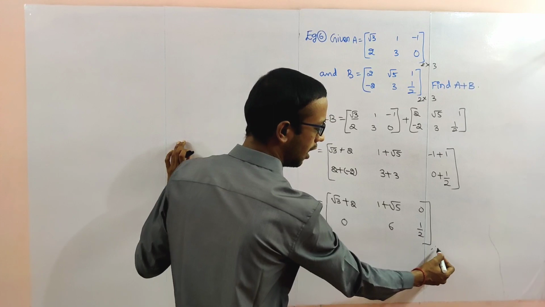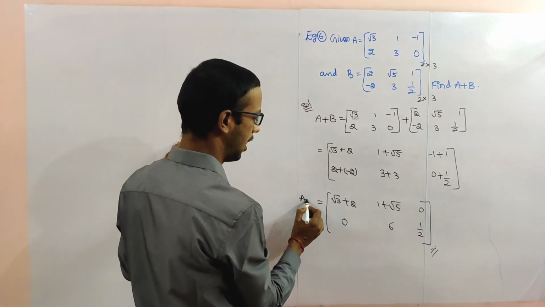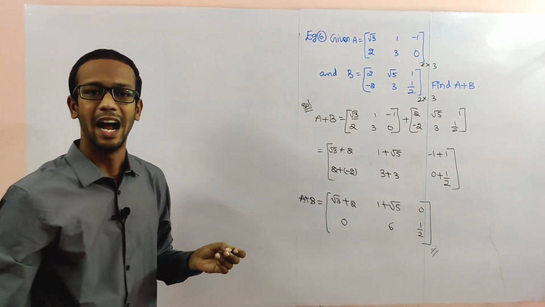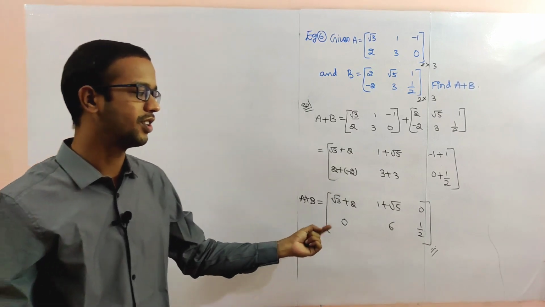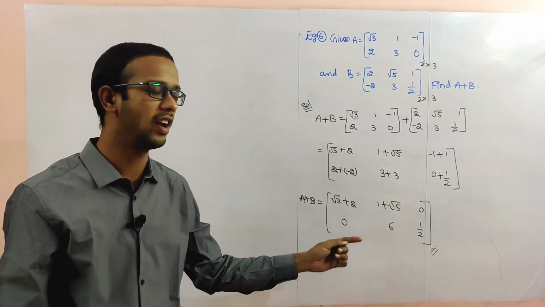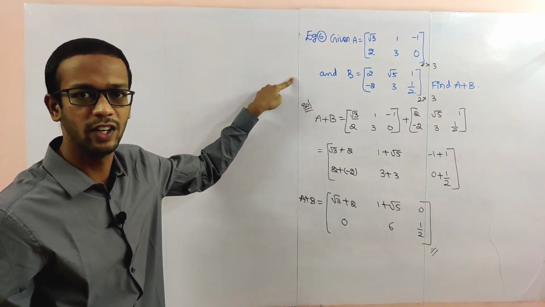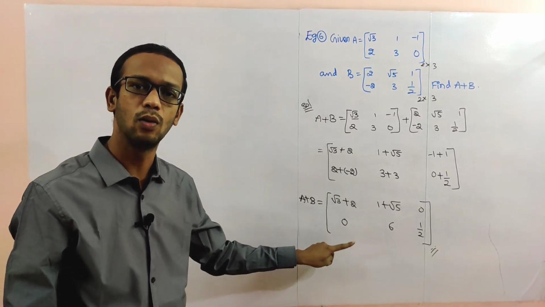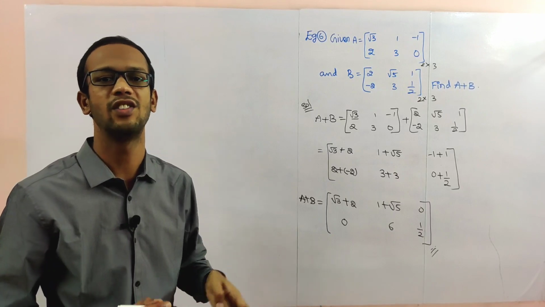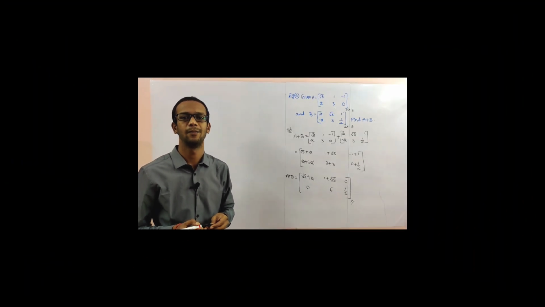So this is the required matrix A plus B. After completion you can check how many rows there are: 2 rows, 3 columns. The answer is also 2 rows, 3 columns. Verification you can also make.